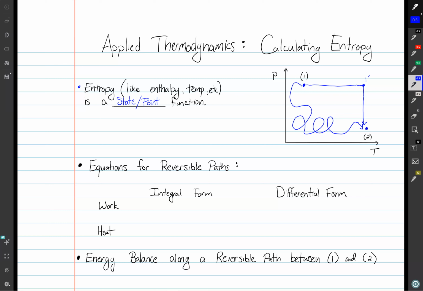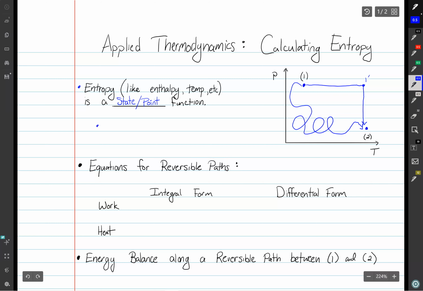The cool thing about entropy is that because it's a state or point function, it has a definite value at point 1 and a definite value at point 2. So the change in entropy between 1 and 2, S1 and S2, those are going to have exact definite values regardless of which path we're taking.